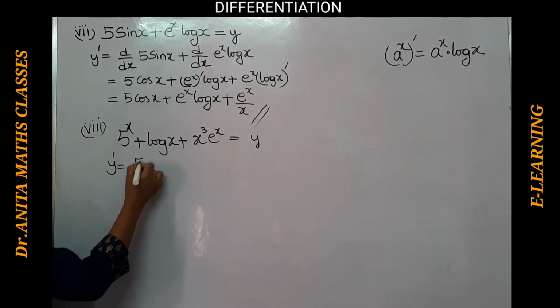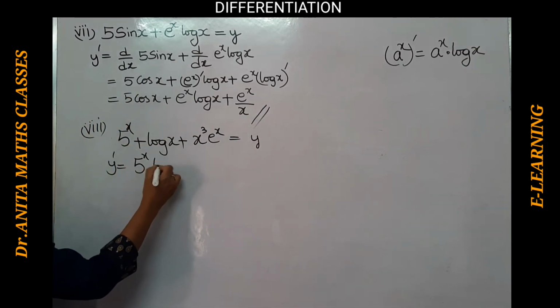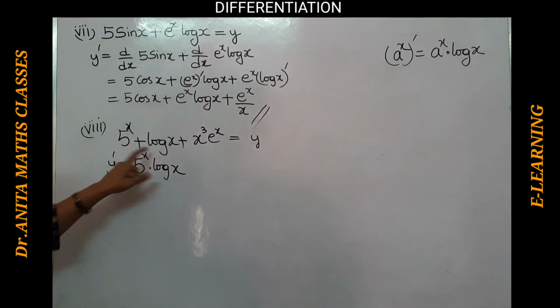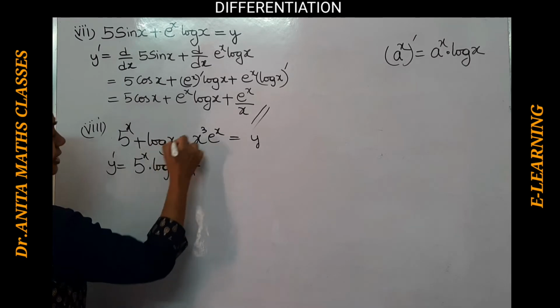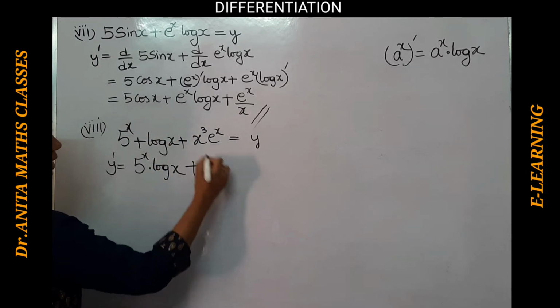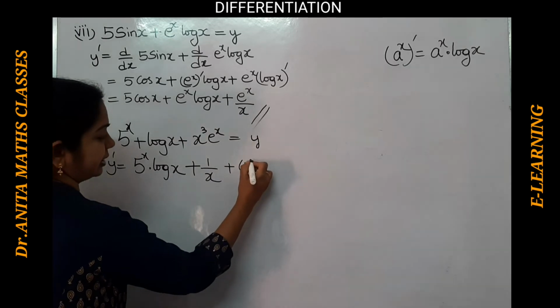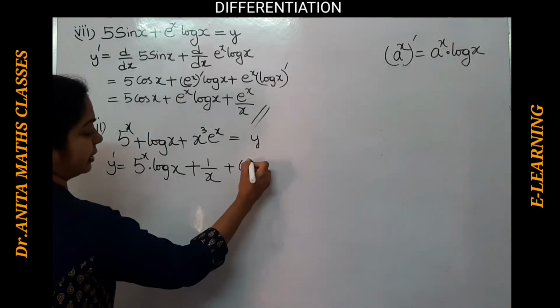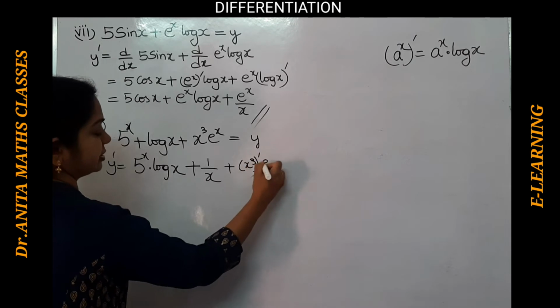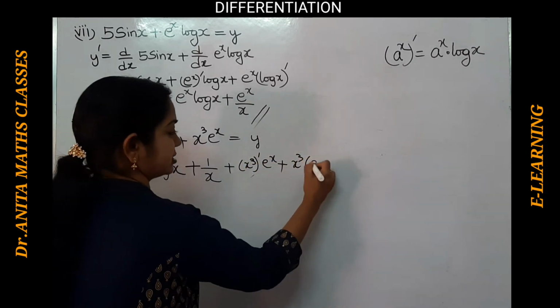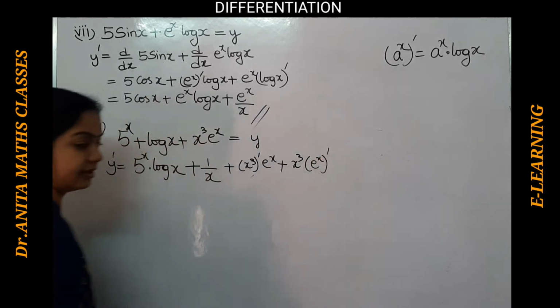So 5 to the power of x, log x, plus the derivative of log x, which is 1 by x, and here we have to do the uv function. So let me write x cube dash e to the power of x plus again x cube as it is, e to the power of x derivative.